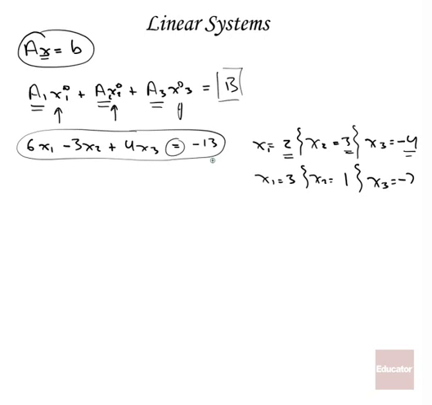Okay, now let's generalize it some more and talk about a system of equations. So I'm going to go ahead and represent this symbolically. We have a11 x1 plus a12 x2 plus dot dot dot plus a1n xn equals b1.